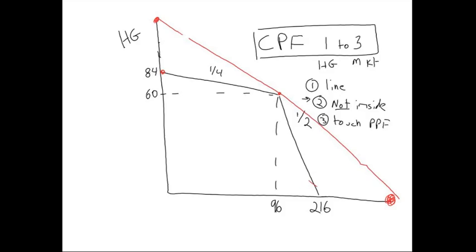So this point here is a point where they are consuming only home goods. In other words, they've taken their 96 units of market goods and they've sold them to the rest of the world, and for each 3 units of market goods, they get 1 unit of home goods.